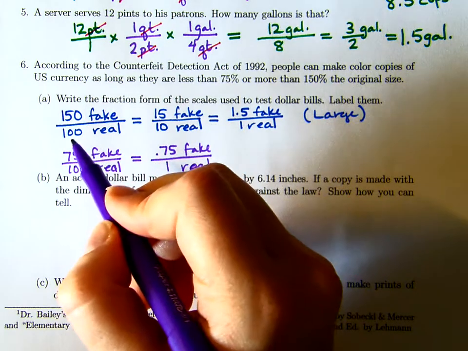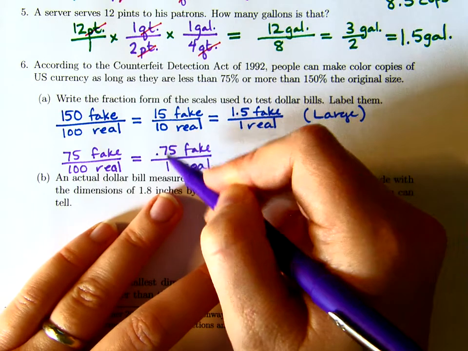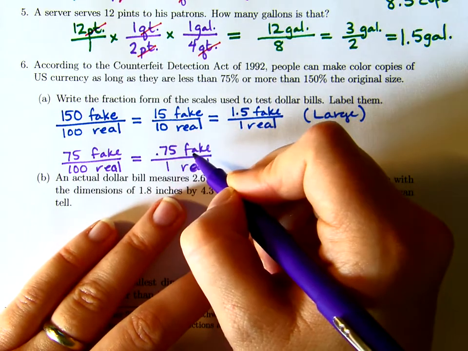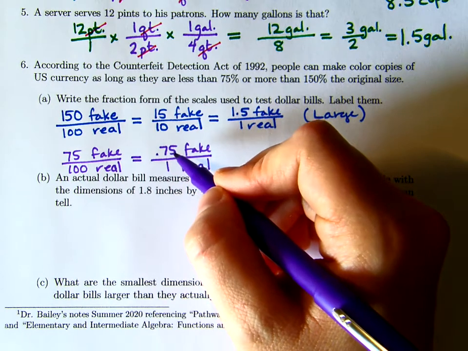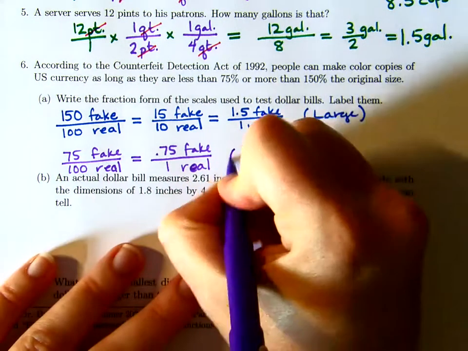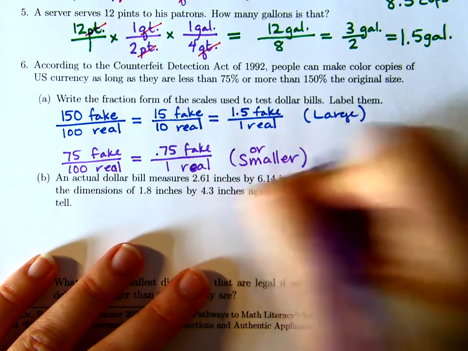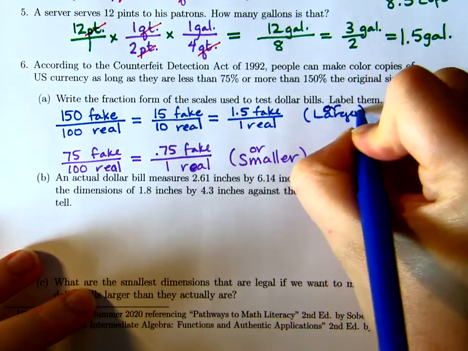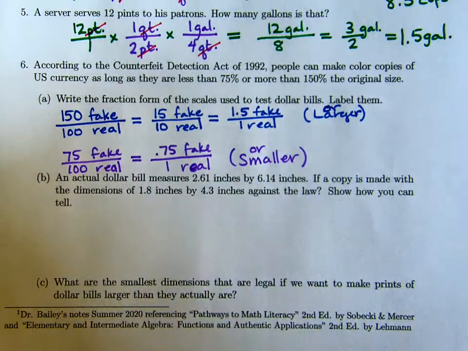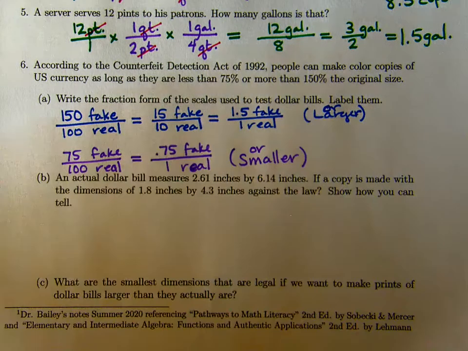And I kind of feel like this is the most intuitive way to look at it. But for each 1 real inch, make sure on the small end it's either 0.75. For each 1 inch, there's 0.75 inches or less. So let's put or smaller. And or larger.